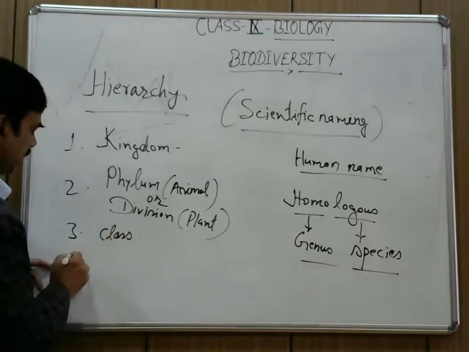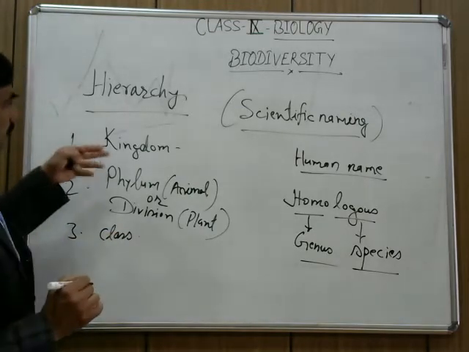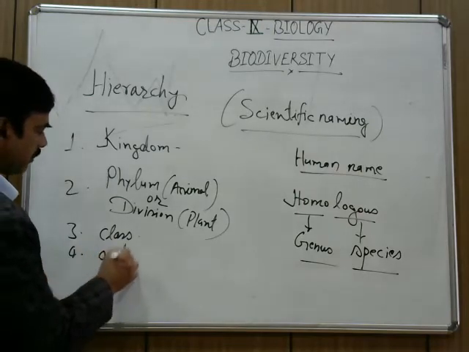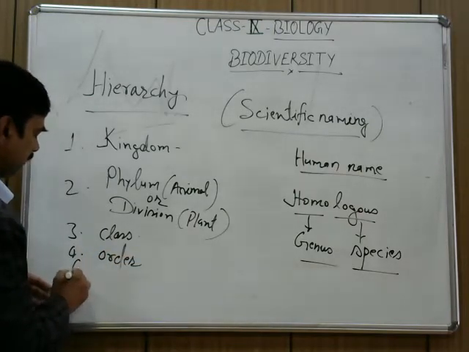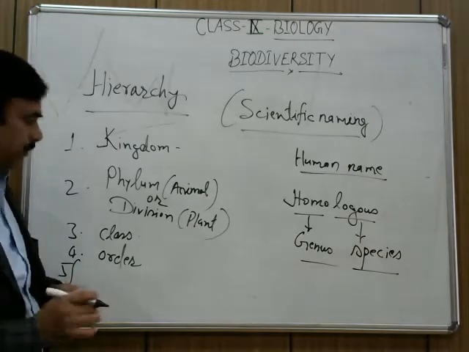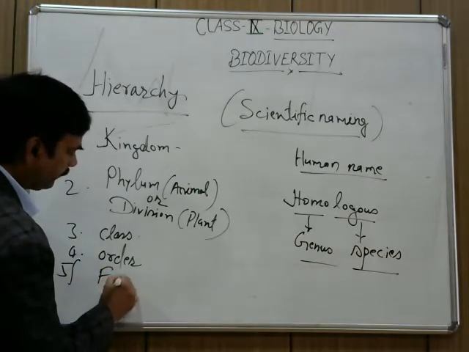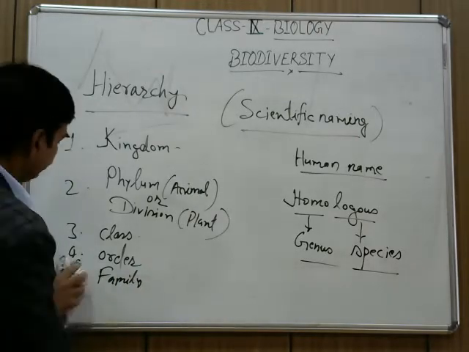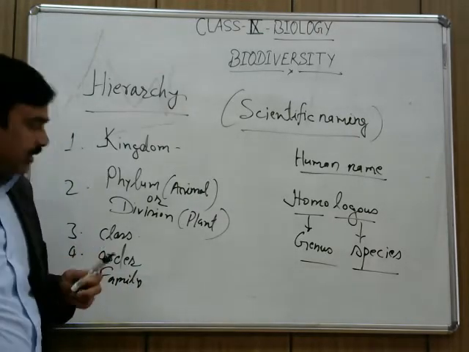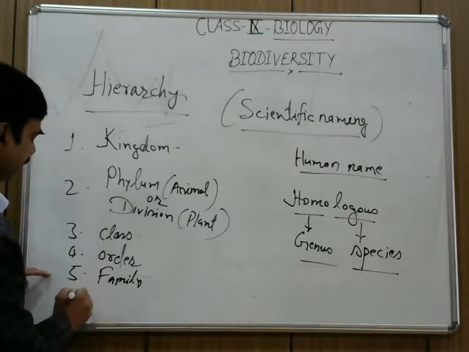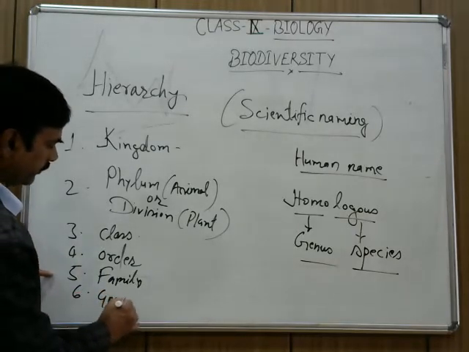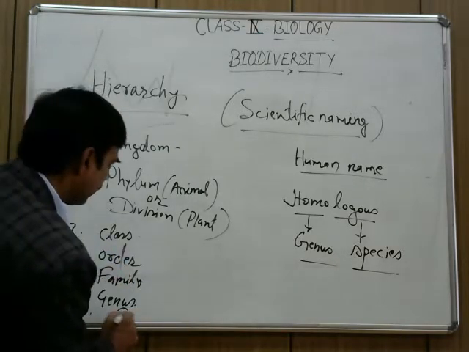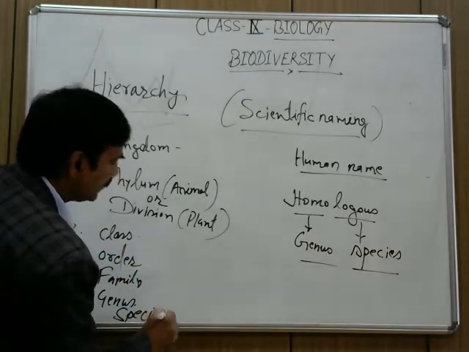Then class. Kingdom, phylum, class, order, family. After class, order, family, the smallest unit is species.